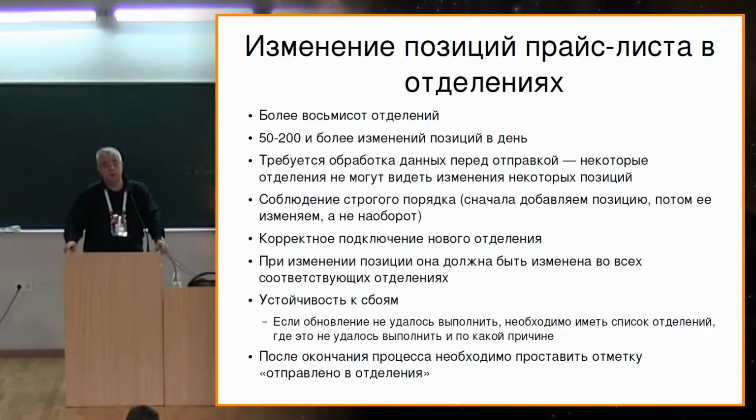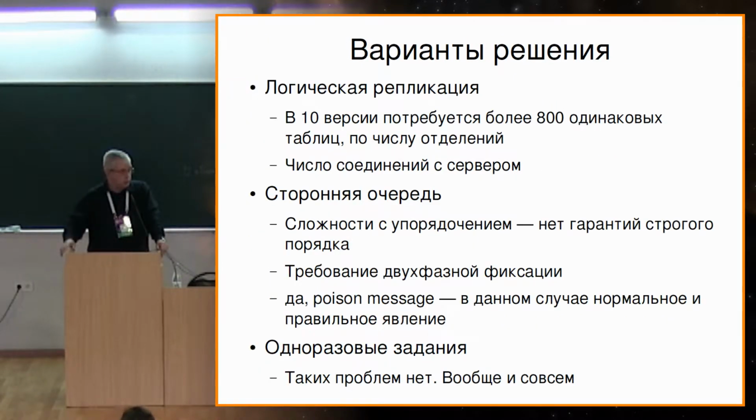So, if one business unit is not available for some reason, we are to show what the reasons are, what business units coped with this task and what did not do it. I do not think that they will manage to change everything in all 800 business units, because some of them will fail to work.